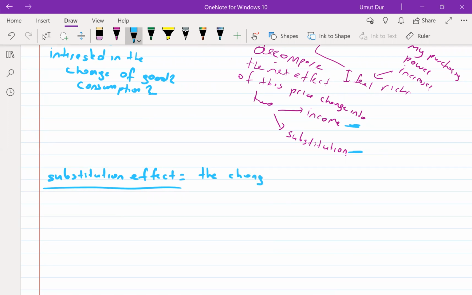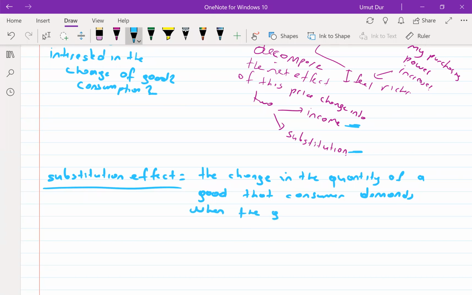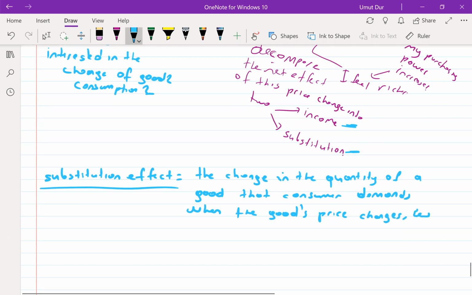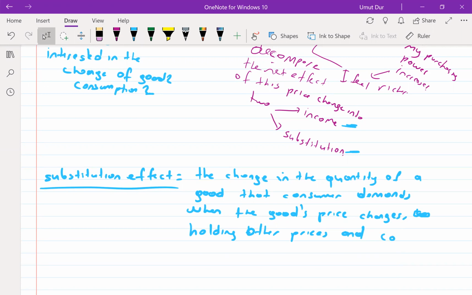The change in the quantity of a good that a consumer demands when the good's price changes, holding other prices, and this part is important, and consumer's utility constant.